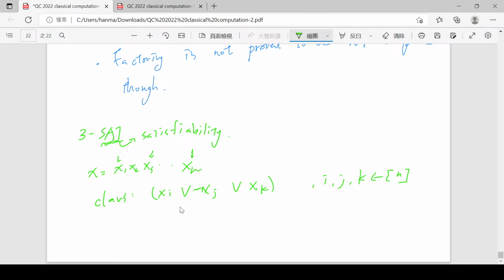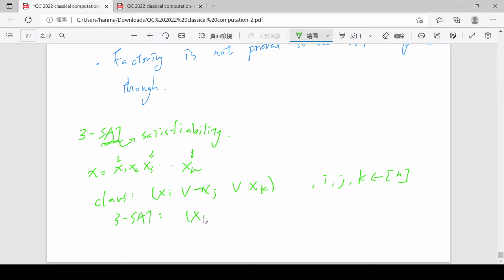Obviously this is a logical expression. We want to see whether there is a 1 in these 3 things, and there might be some negation. This is 3-SAT because each clause has 3 literals. The 3-SAT problem is that the inputs are this number and the clauses. You need to describe your clauses, and you will have a whole bunch of clauses.